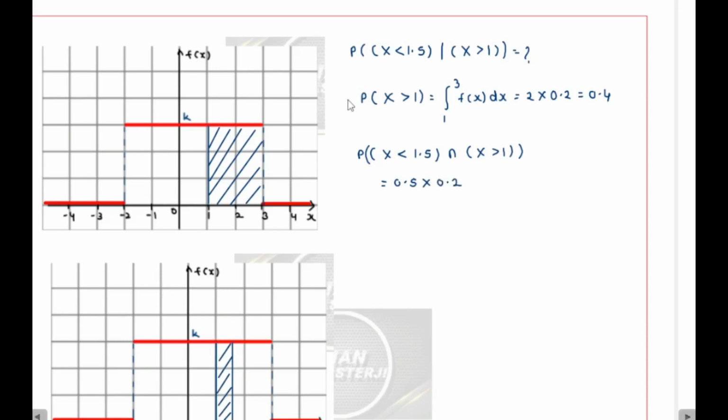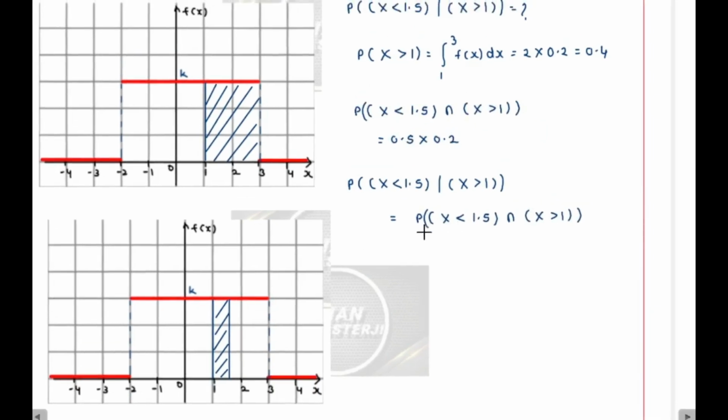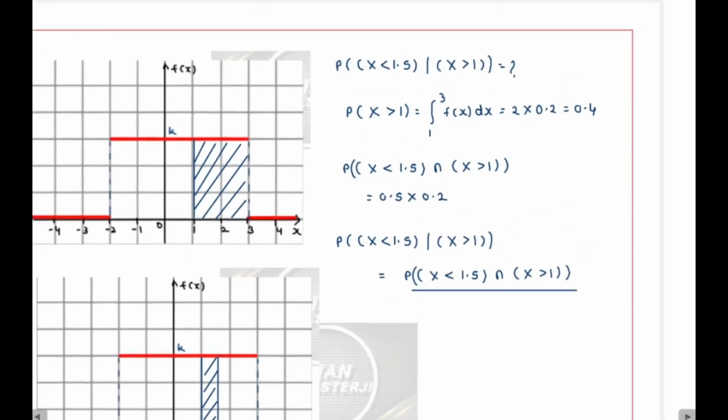Correct? So now this conditional probability, you might have studied in stats 1, is equal to what? This is equal to probability of the common part divided by probability of the given part.